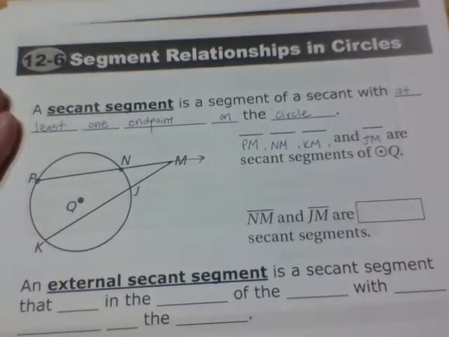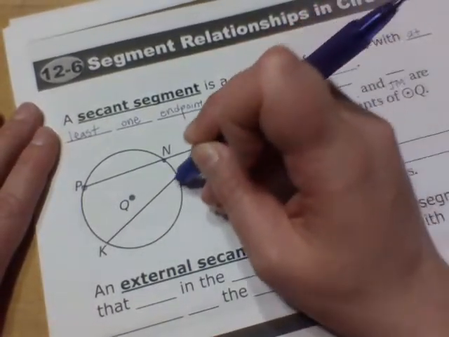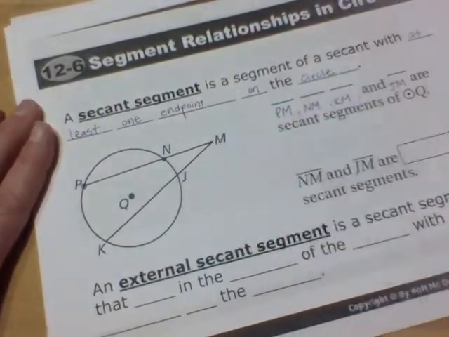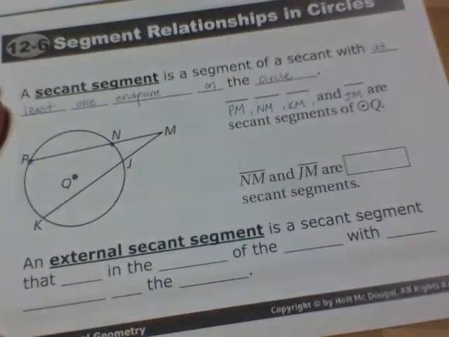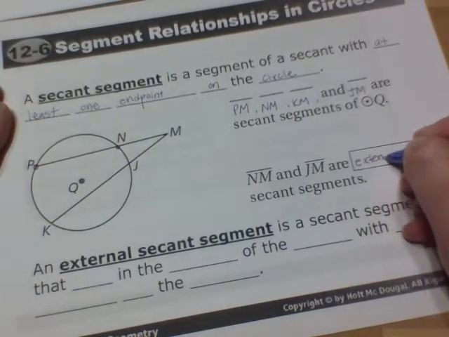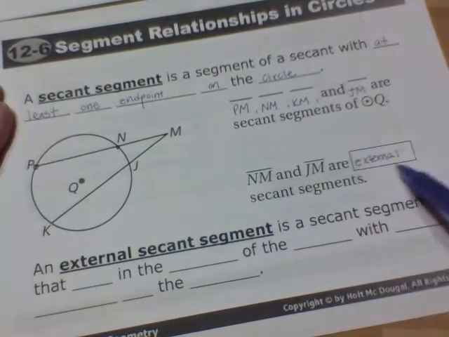So those are all secants potentially because they would continue to go through the circle, but they're segments, so they've been segmented or cut off. So NM and JM are what we call external segments, these guys out here on the exterior.